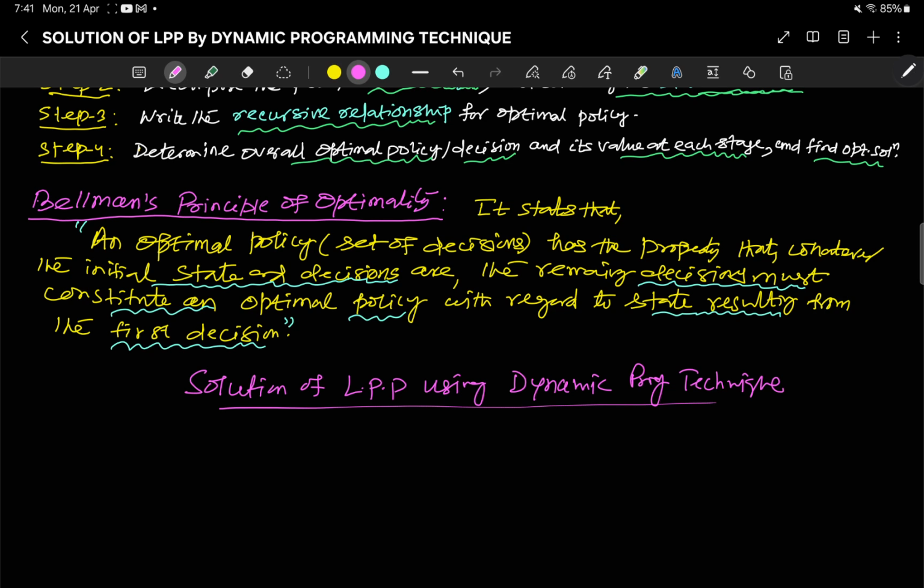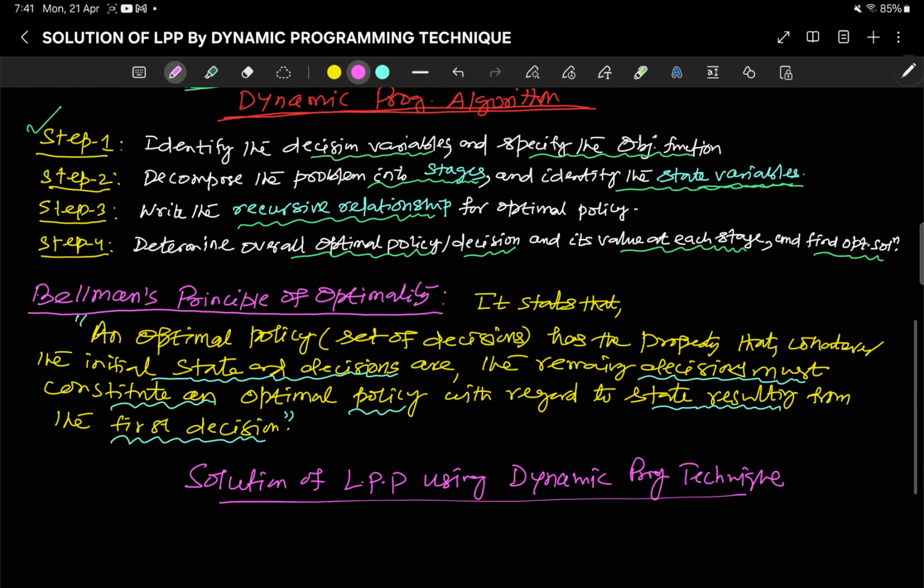One more thing, we write the recurrence relationship for the optimal policy and we use the forward or backward computation method. After we write the recurrence relation, we have to decide whether the forward or backward computation technique is to be adopted.